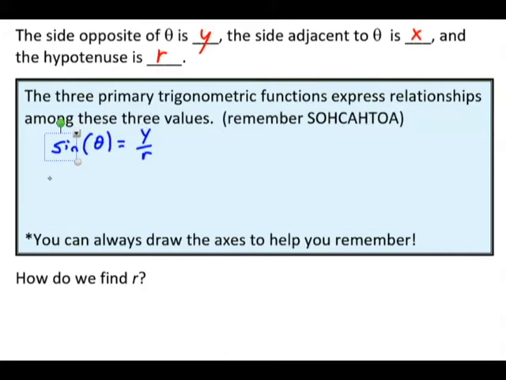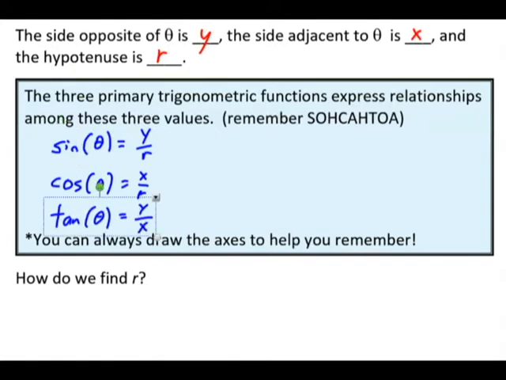Similarly, we'll let cosine of theta equal x over r. And this we borrow from the last notes. Tangent of theta is going to be y over x. It's like opposite over adjacent. From here, it's pretty easy to derive the reciprocal functions.